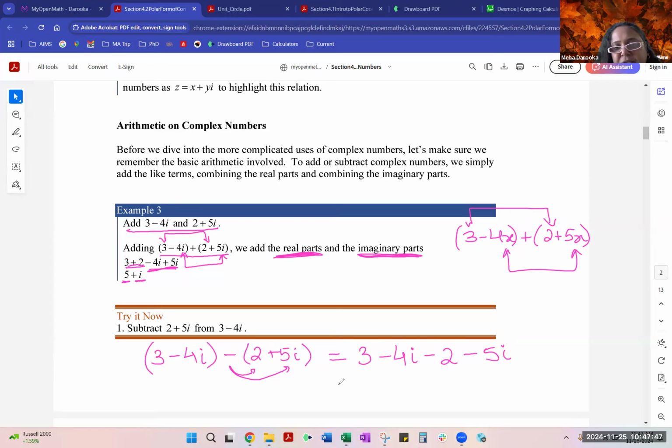Combining the real parts, you have 3 minus 2. And then combining the imaginary parts, we have negative 4i and negative 5i. As you can see, 3 minus 2 gives you 1. Negative 4 minus 5 will give us negative 9. So that ends up becoming 1 minus 9i. I think all of you who shared your answer with me did reach that conclusion, didn't you?